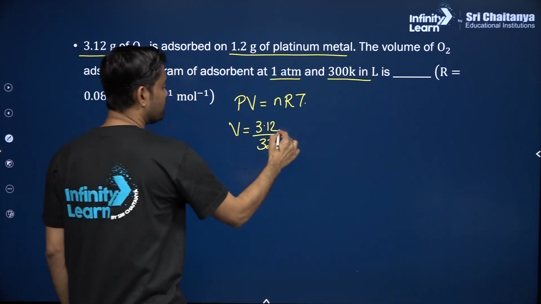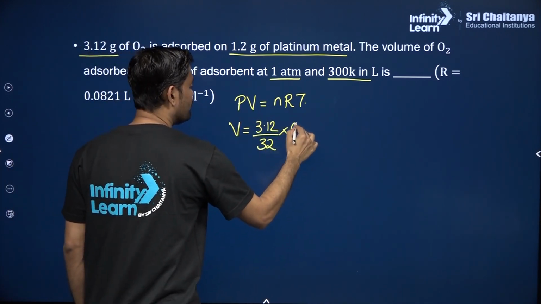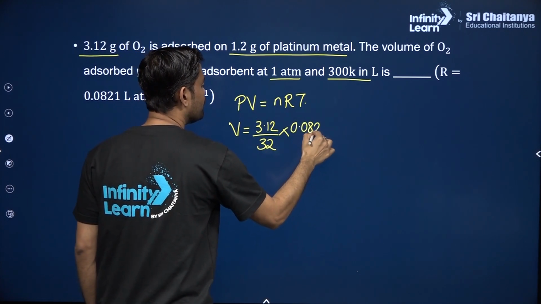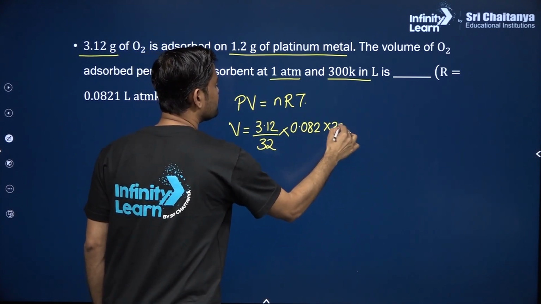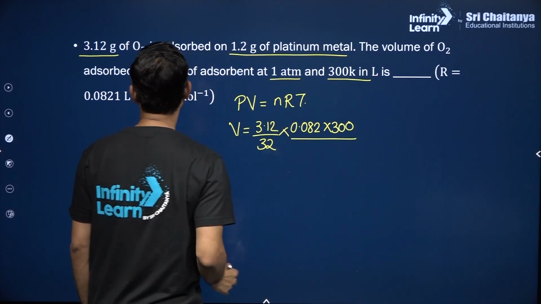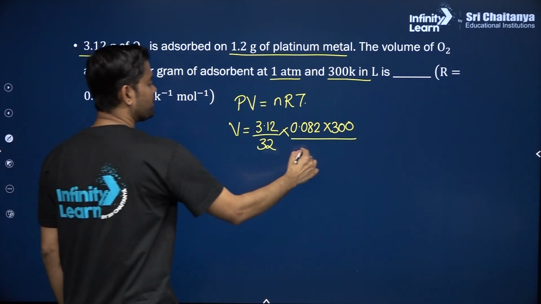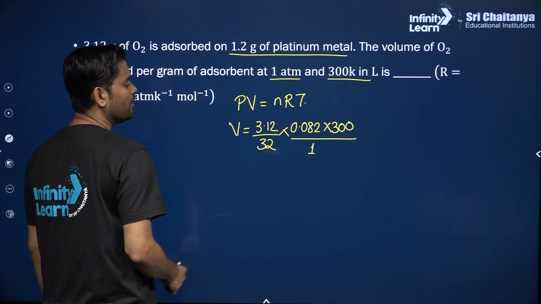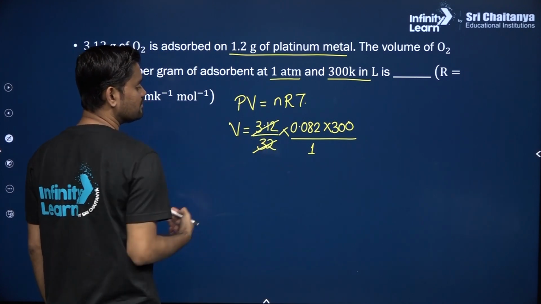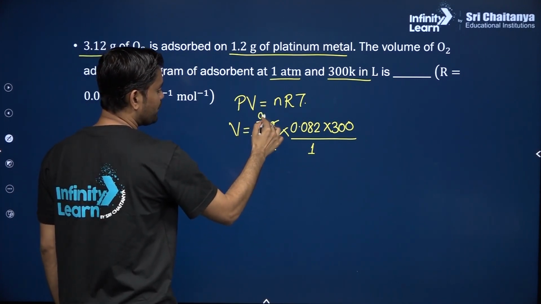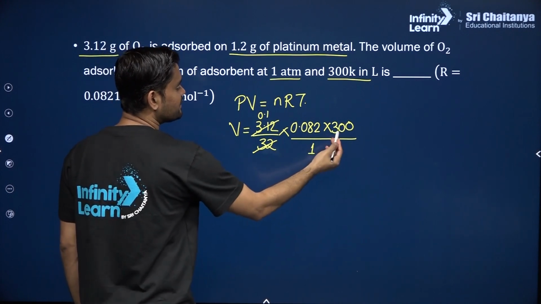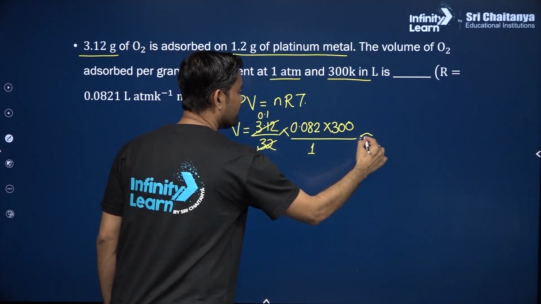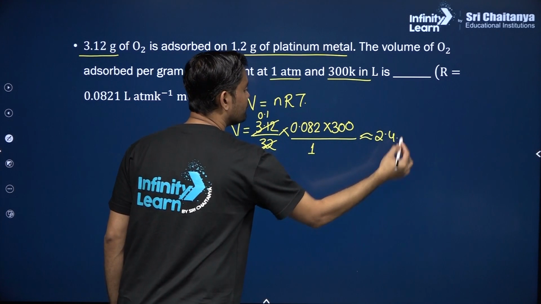R value we have 0.082. Temperature is 300. Whole divided by the pressure, which is 1 atmospheric pressure. So this gets cancelled, right? This is 0.1 times 3 8s are 24, so approximately I'll take 2.4 liters.